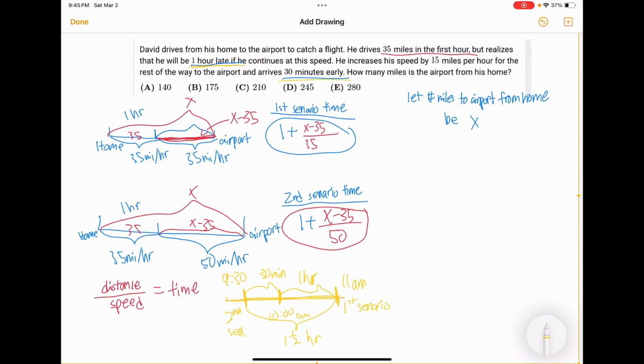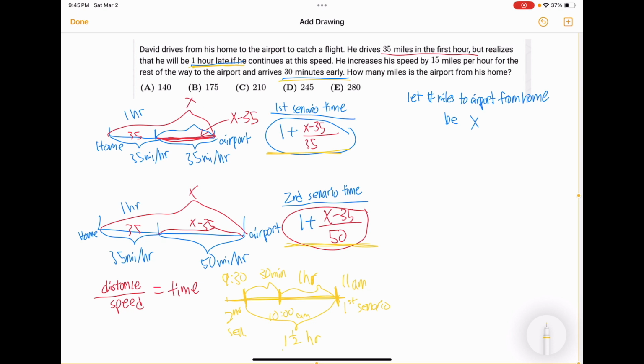And why do we need this? Well, if you see the first scenario time, right? This is the time that it will take him to get to the airport in all. This is all the time that it needs for the first scenario. And then this is all of the time that it takes in the second scenario. Well, we already know that the time it takes in the first scenario is longer than the time it takes him to get to the airport in the second scenario. So if we subtract the time it takes in the second scenario from the time it takes in the first scenario, that would give us the difference between the two times.